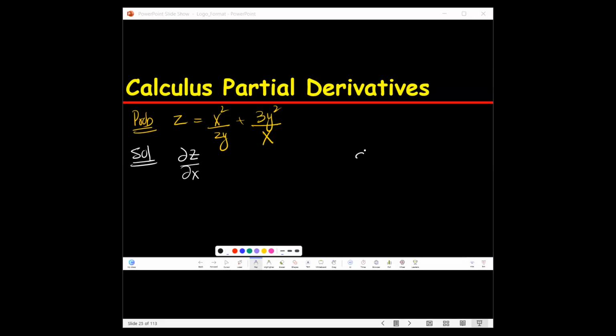And I'm going to take the derivative of the function with respect to x first. When I take this one, it's going to be 2x, and the y is going to be constant, plus 3y squared.